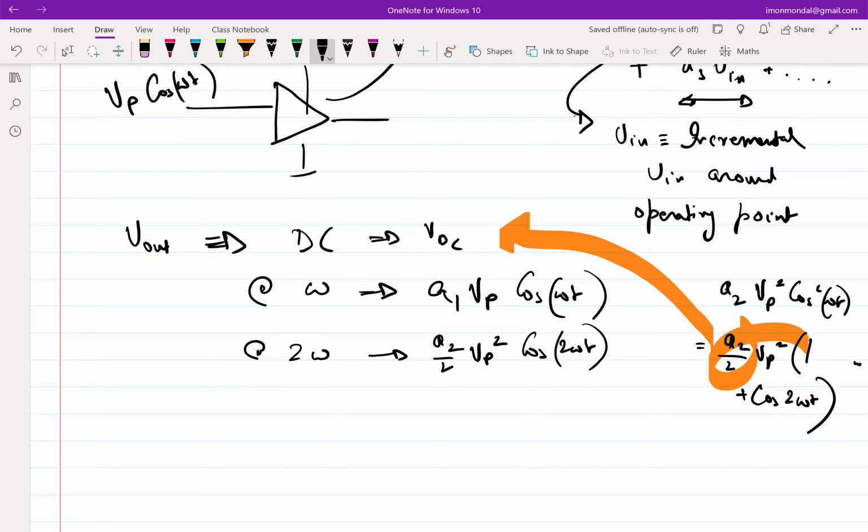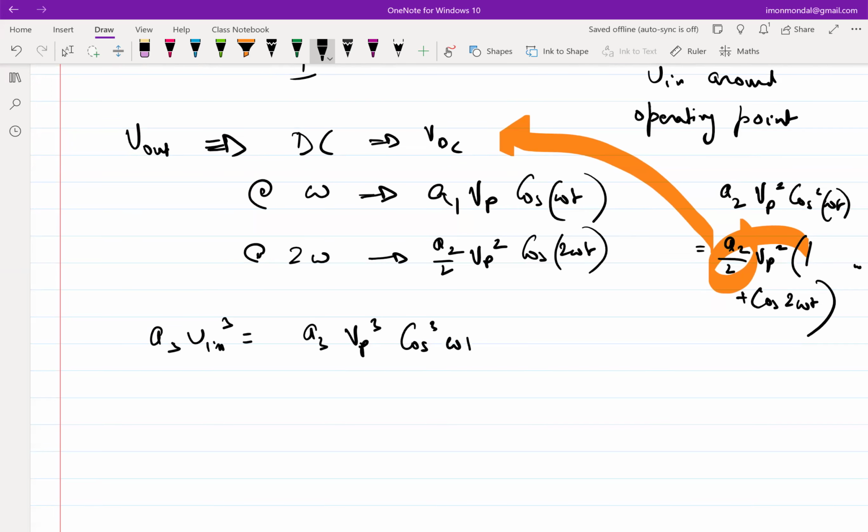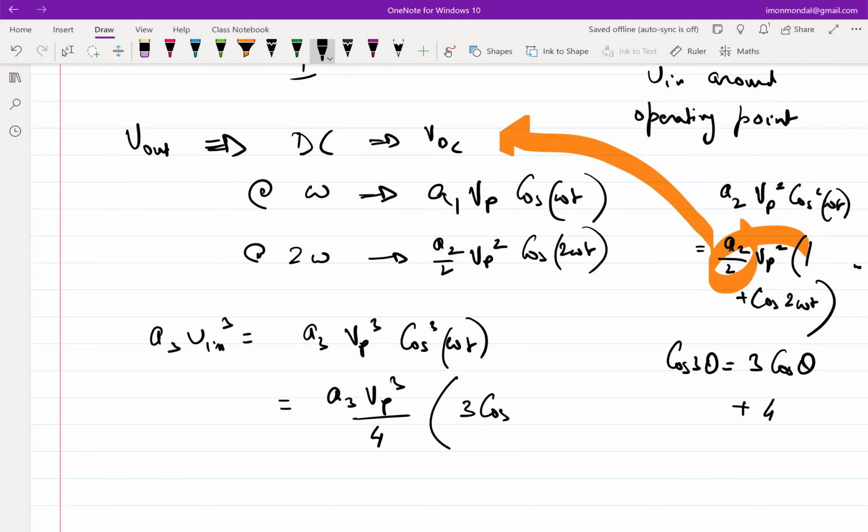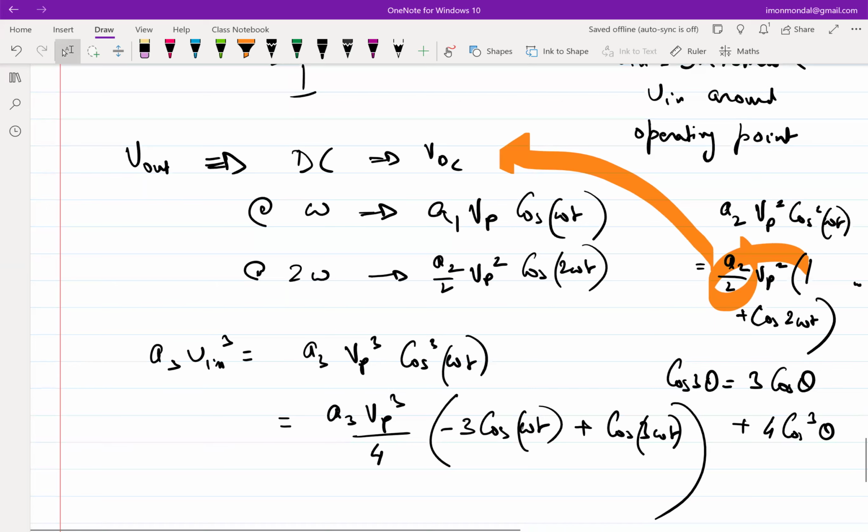So A3 V in cubed is essentially A3 VP cubed by 4 times (3 cosine omega t plus cosine 3 omega t), since cos 3 theta is 4 cos cubed theta minus 3 cosine theta.